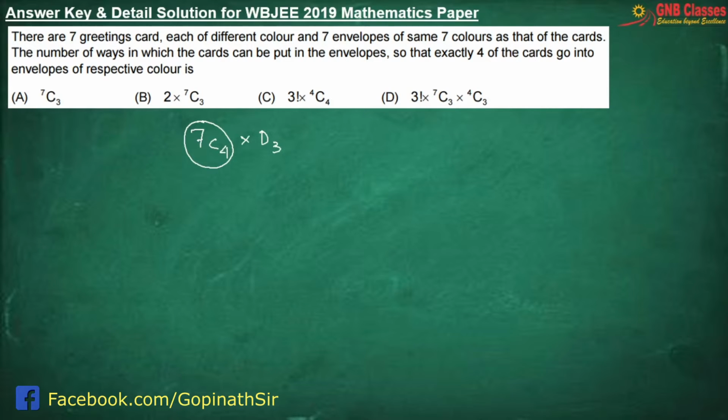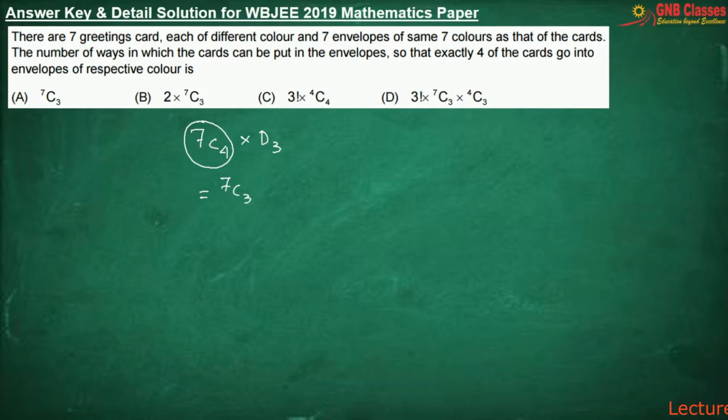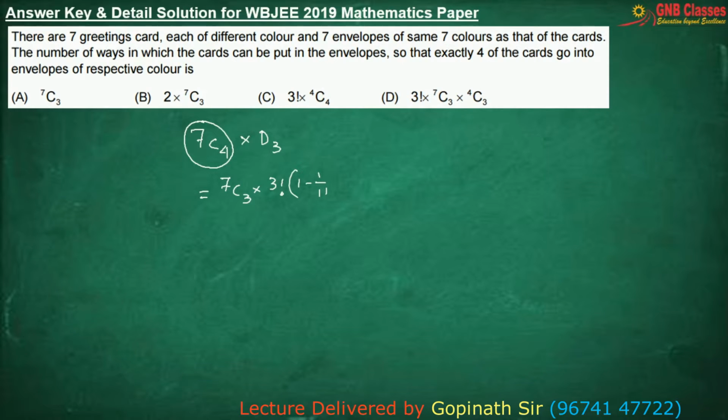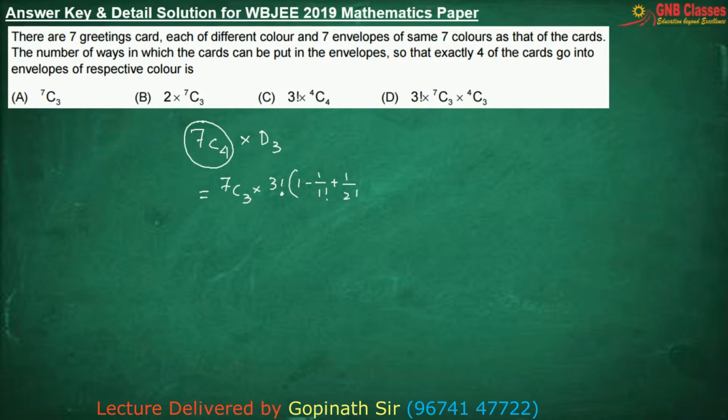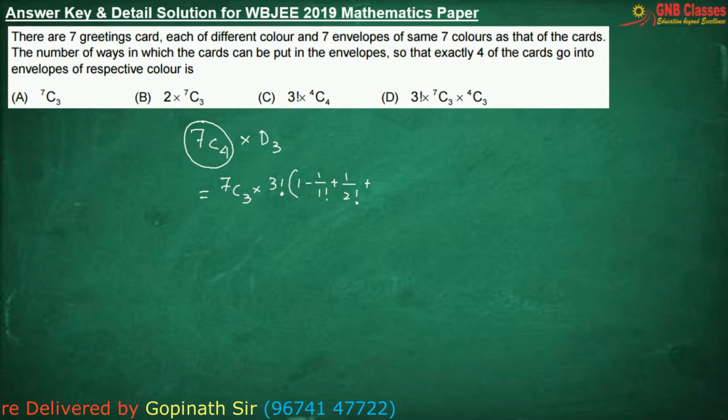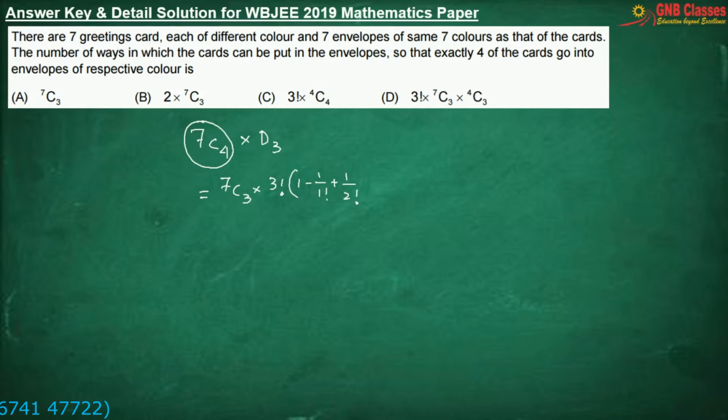So it is D3. So the answer will be 7C3, because 7C4 is the same as 7C3, into factorial 3 into... If you don't know the concept of derangement, I will suggest you please go through any textbook to know the theory. Is it okay?